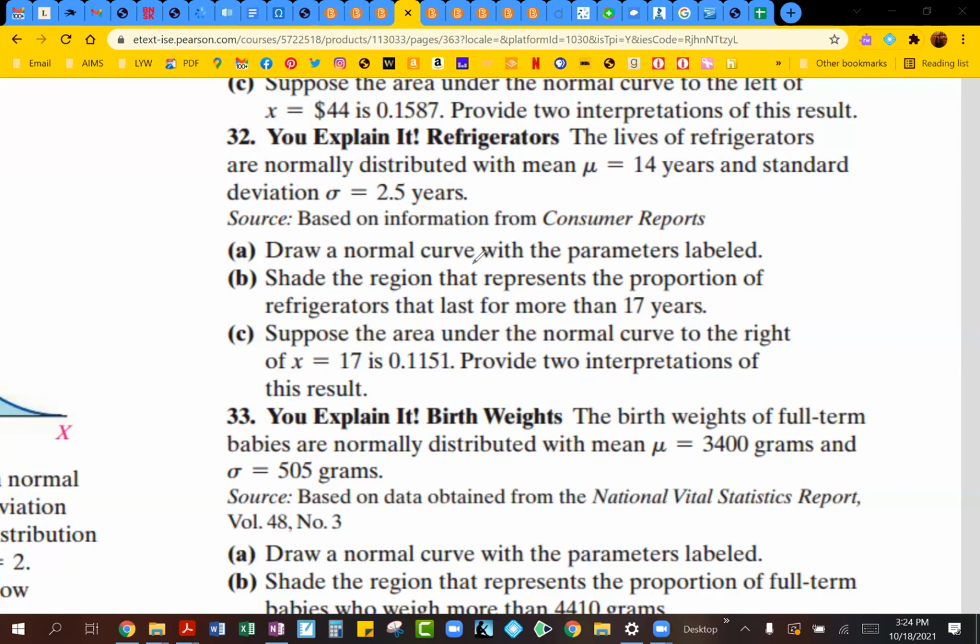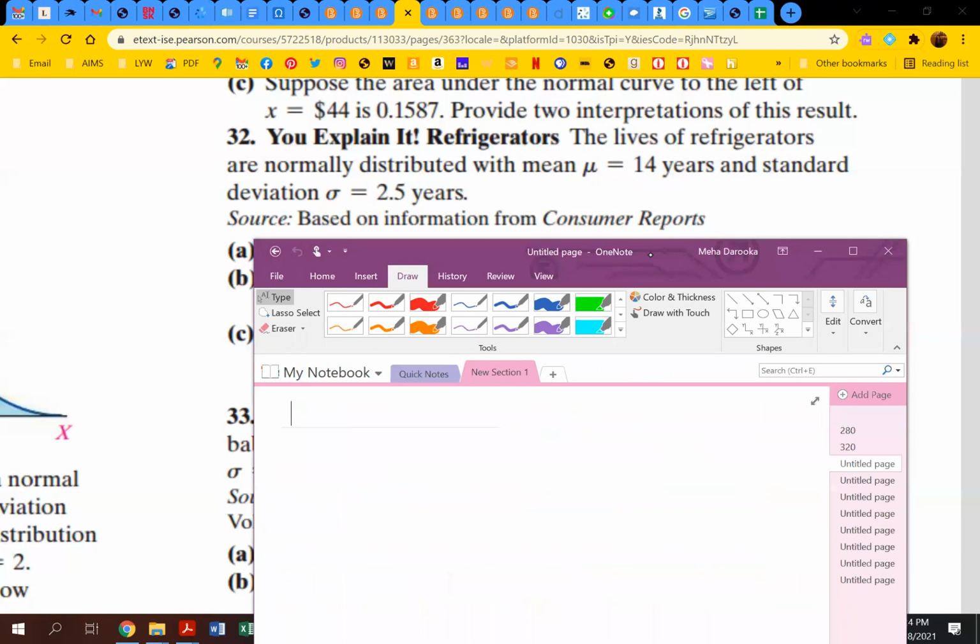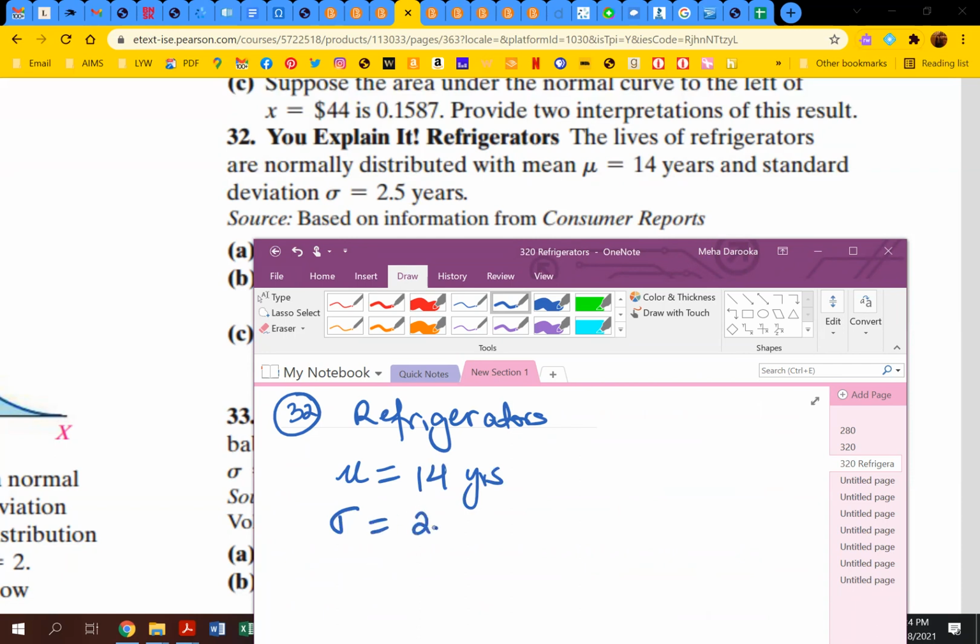So I'm actually going to transfer this information over here to our notebook. So number 32, refrigerators. So the mean life is 14 years. Standard deviation is 2.5 years.